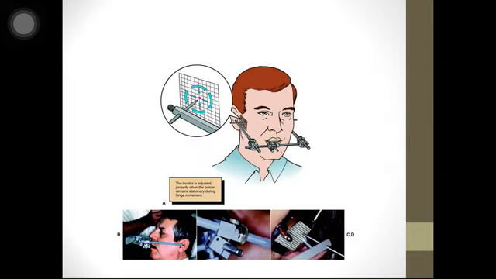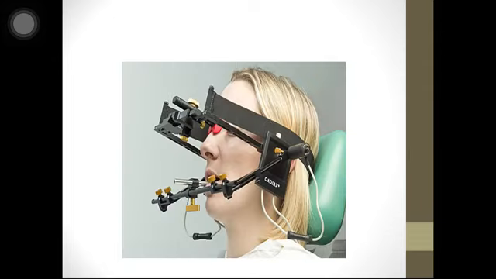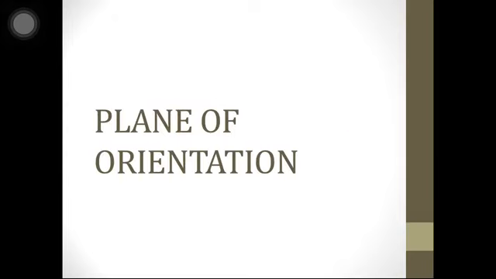Here you can see that over the graph a stylus is moved, and the center point of that movement is recorded as the actual hinge axis of that patient. Now some electronic devices are also available to calculate the true hinge axis of the patient.